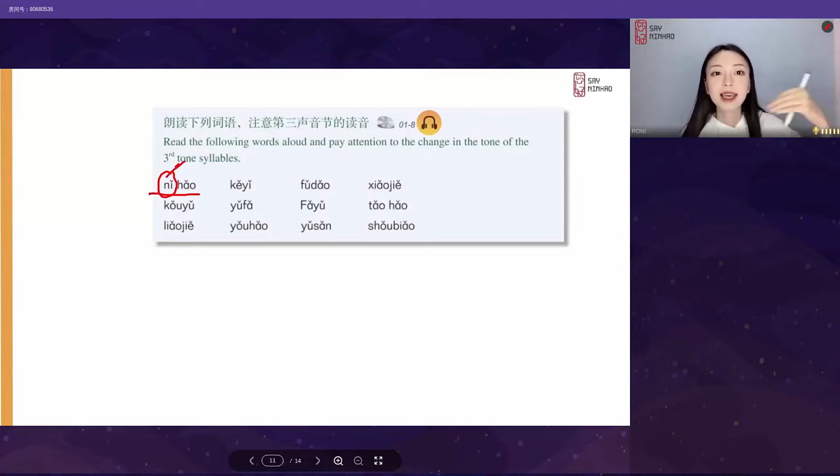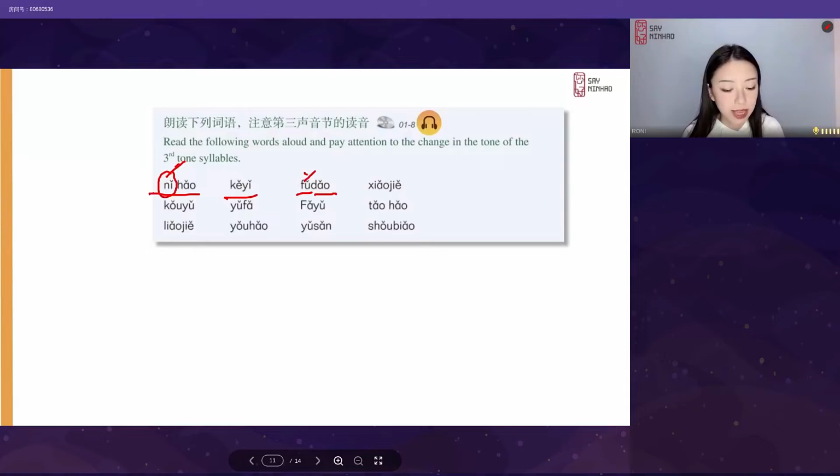So let's read it. 你好, 你好. Next one is 可以. Very good. 可以, 可以. Next one, 辅导. We just learned it. It means coach someone, tutor someone. So we should change it to the second tone, and it is 辅导, 辅导.